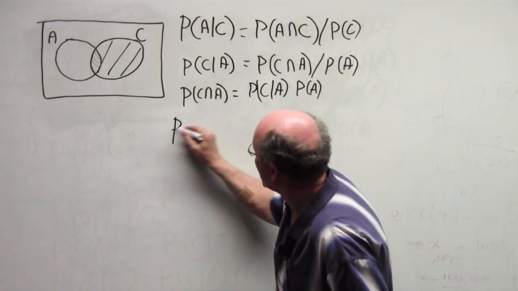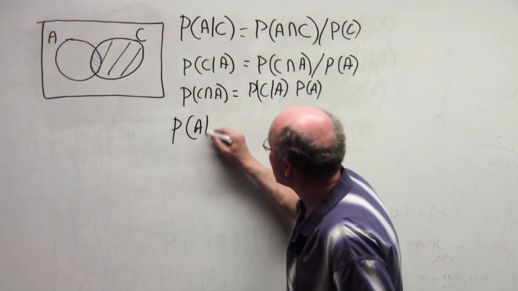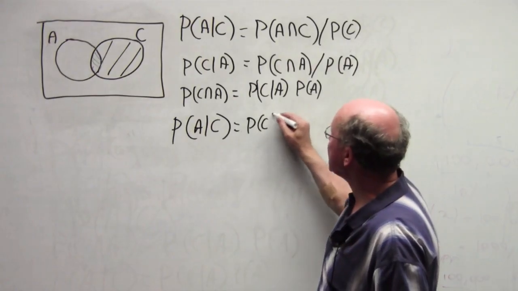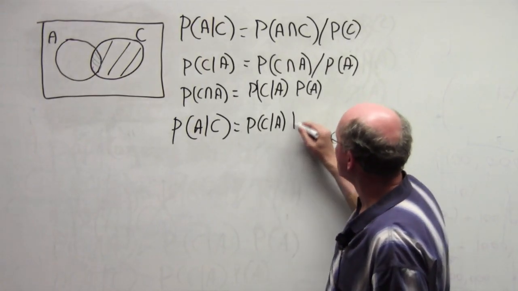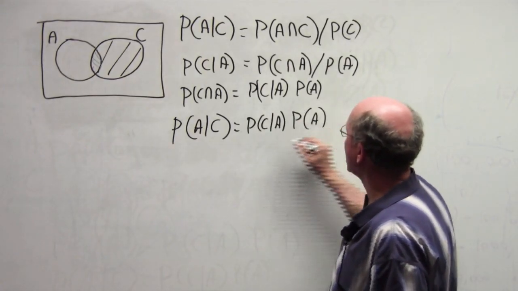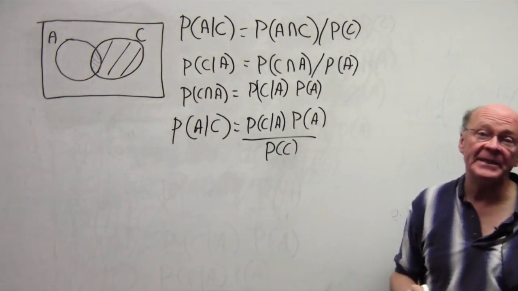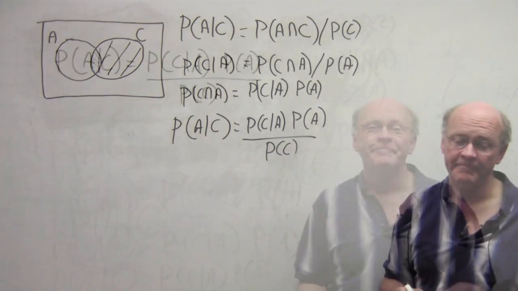Then we have the probability of A, given that C occurs, is the probability of C, given that A occurs, times the probability of A, divided by the probability of C. And that is Bayes' rule.